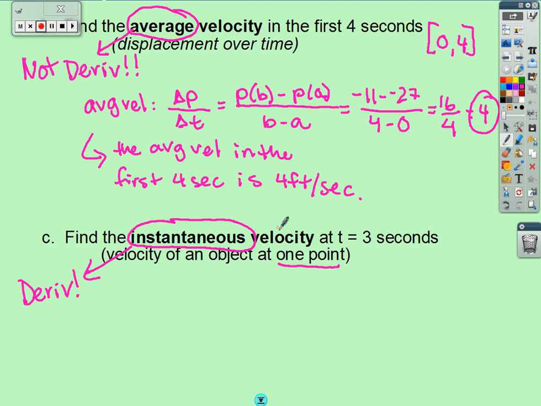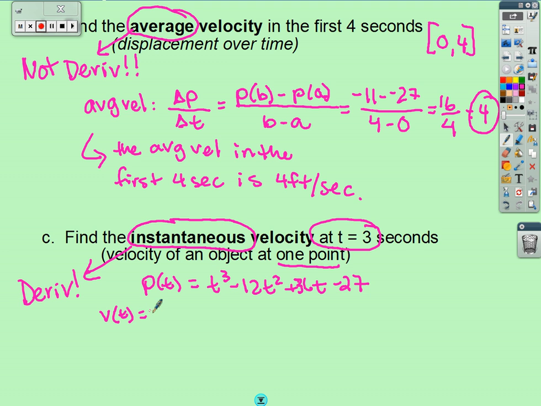Okay, so we want to find the instantaneous velocity at 3 seconds. So we'd first take our equation that we had, the position equation, which was t to the 3rd power minus 12t squared plus 36t minus 27. And what we need to do is find the velocity.